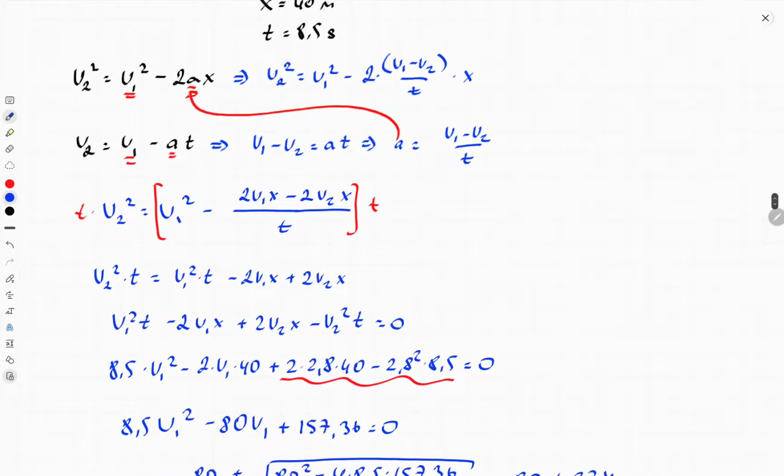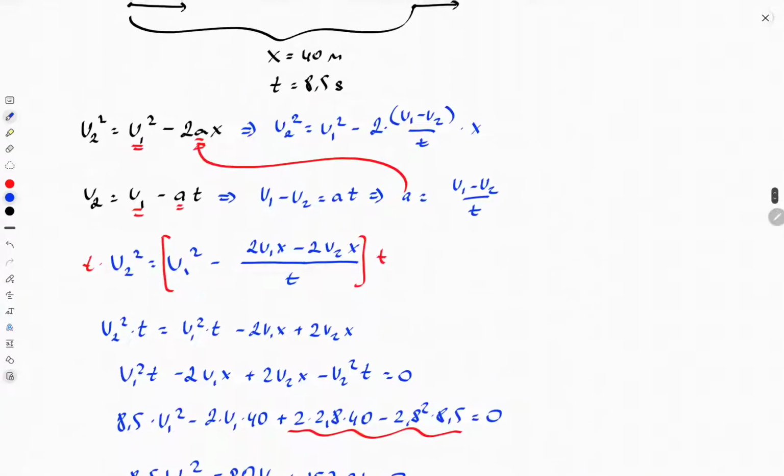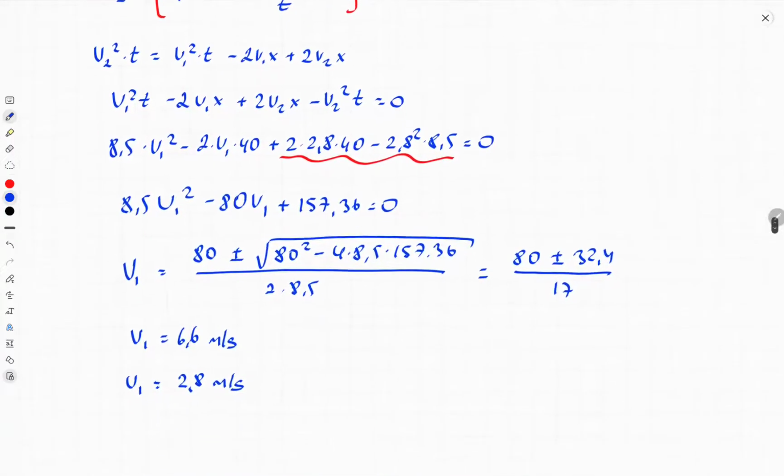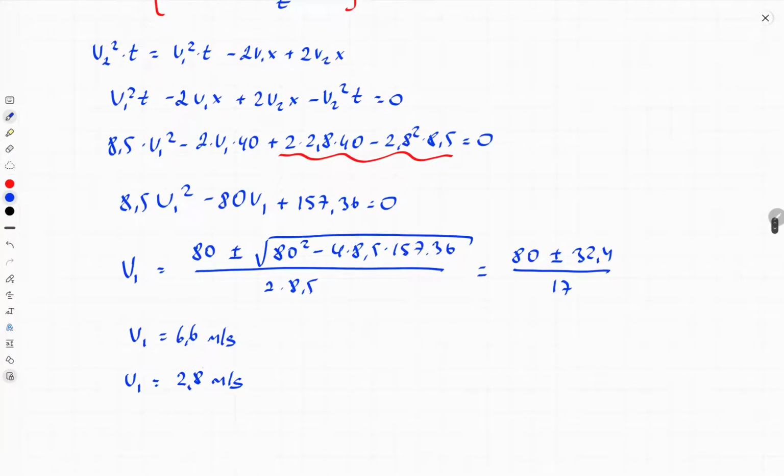So we know that this is a motion with decreasing velocity, decreasing speed, and the final velocity becomes 2.8. So we expect that initial velocity v1 is greater than 2.8. Here we have only one option, 6.6. This 2.8 is in terms of math correct, but in terms of physics, this is impossible.